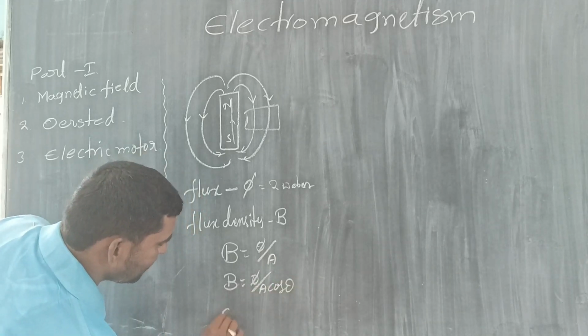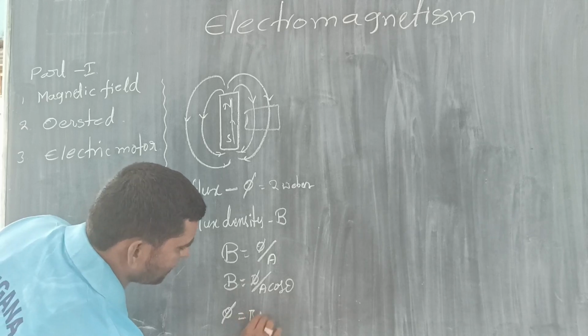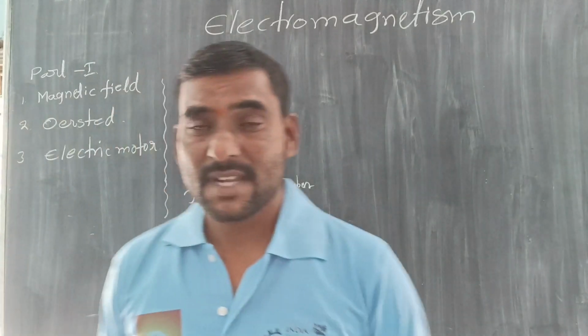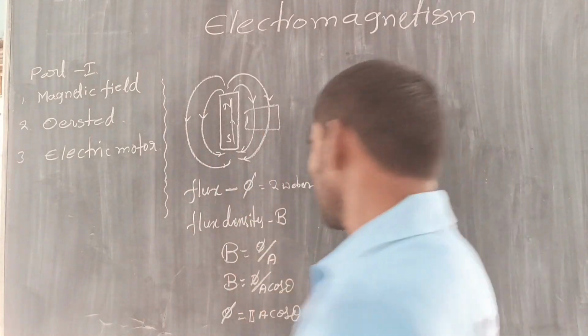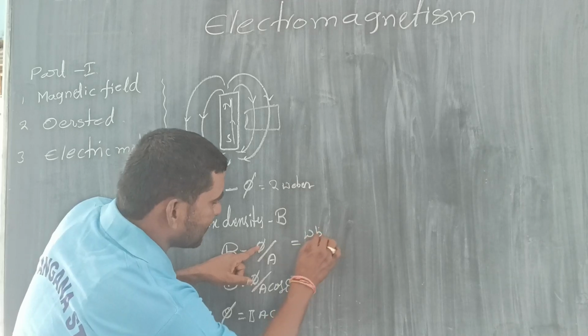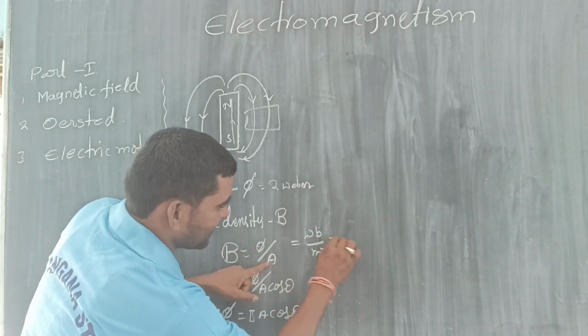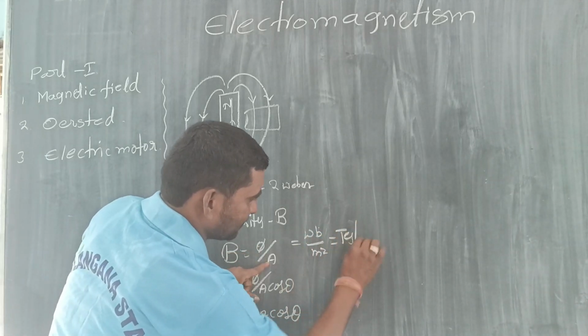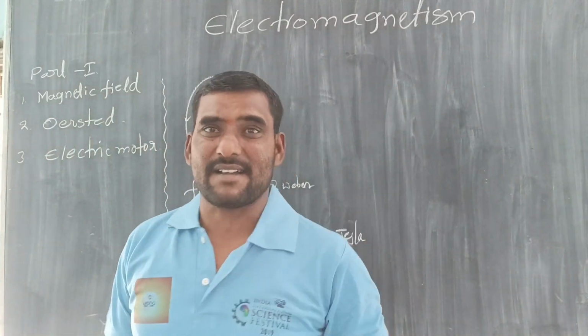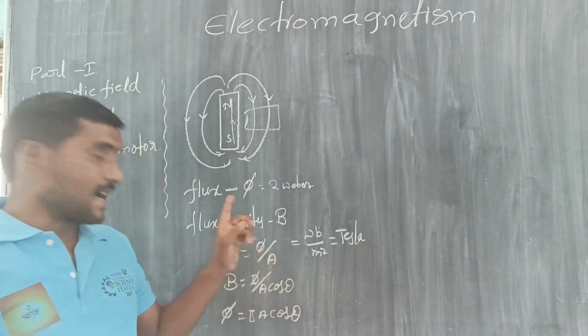Very important: flux phi is equal to BA cos theta. The unit is Weber by meter square, which is equal to Tesla. So Weber by meter square is Tesla. Tesla is the unit for flux density.